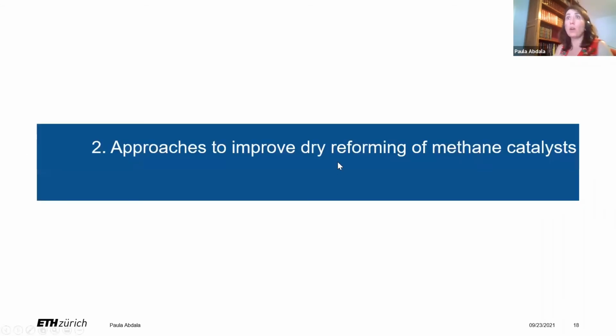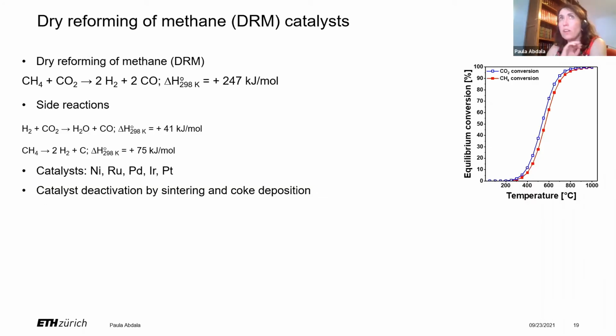Okay, so now I move to the second reaction, the dry reforming of methane. I would like to tell you about approaches to improve this type of catalyst. The dry reforming of methane is a highly endothermic reaction, which means that we need to operate at a relatively high temperature in order to achieve high conversion. This brings problems in terms of catalyst stability, as the catalyst deactivates mainly for two reasons.